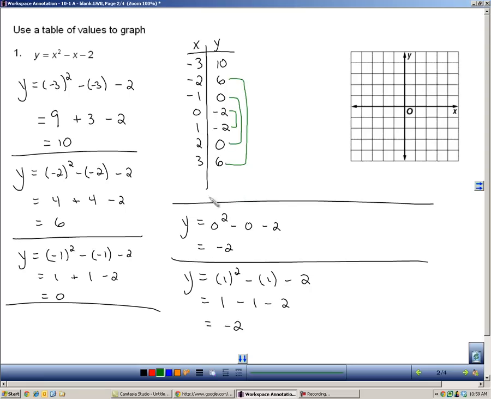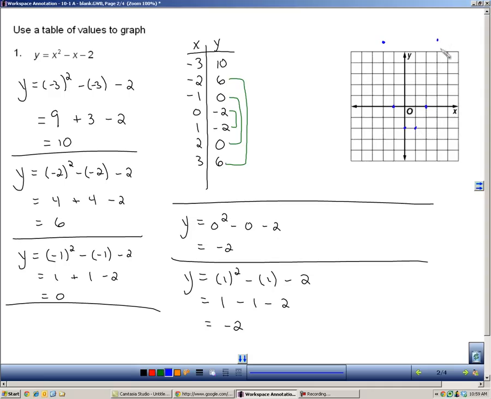So now it's those 6 ordered pairs that we're going to go over here and graph. -2, 6 is up here, just off the graph. -1, 0. 0, -2 is down here, and then 1, -2 is there, 2, 0, and 3, 6.